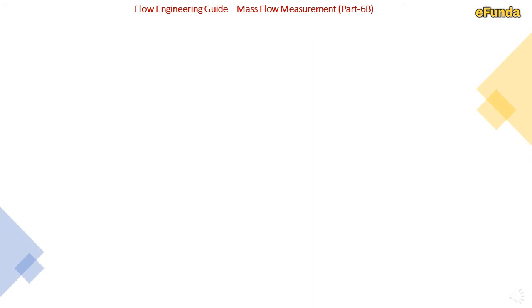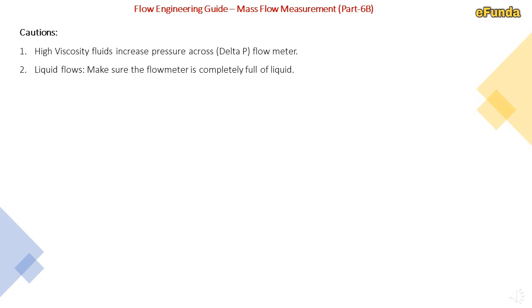As we have seen working and design consideration, now moving on to the cautions related to this Coriolis mass flow meter. High viscosity fluid increases the pressure drop, that is delta pressure, across the flow meter. For liquid flow, make sure the flow meter is completely filled with liquid during operation. Be especially careful when measuring gas or vapor flow with this meter.